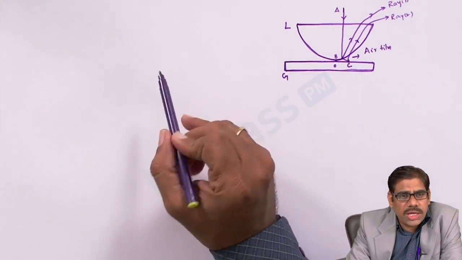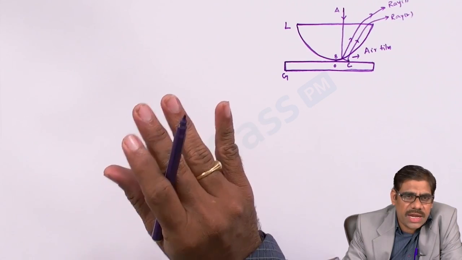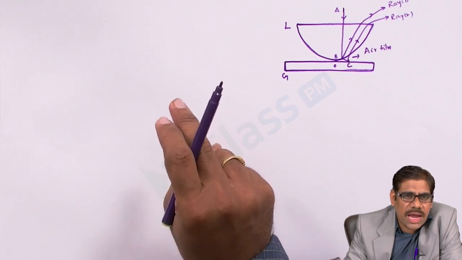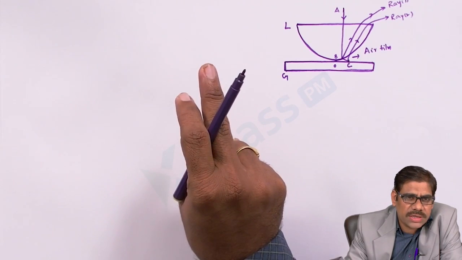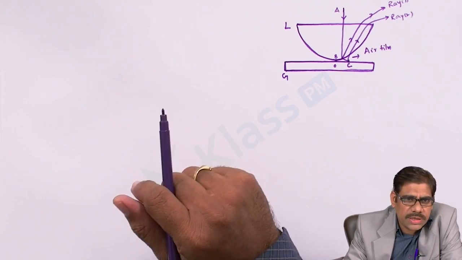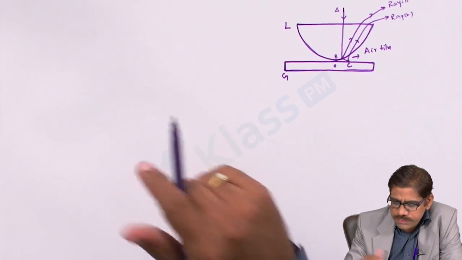So here the Newton's rings are formed with respect to the incident ray, the top of the convex lens and the bottom of the glass plate, with respect to the air film of thickness small t. Because of this, the Newton's rings are formed.